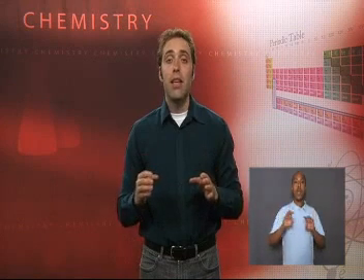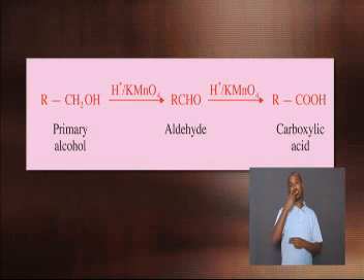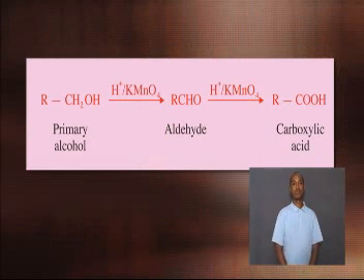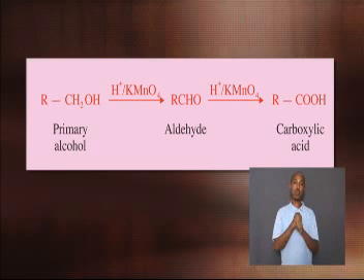When oxidized in the presence of strong oxidizing agents, a primary alcohol will still produce an aldehyde. However, it will also continue reacting to become carboxylic acid. The general formula for this type of reaction is shown here. We can see that the primary alcohol is being oxidized by acidified potassium permanganate to produce an aldehyde.